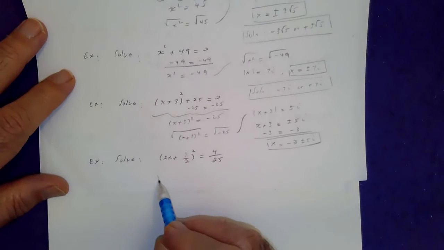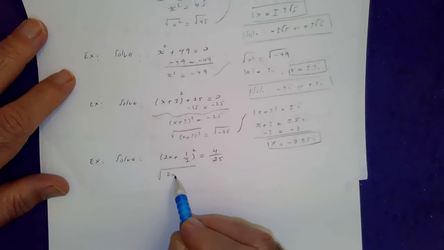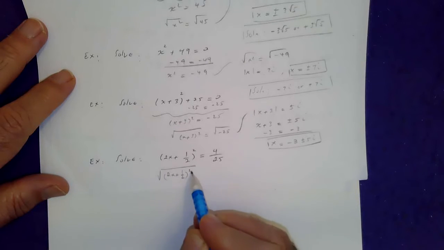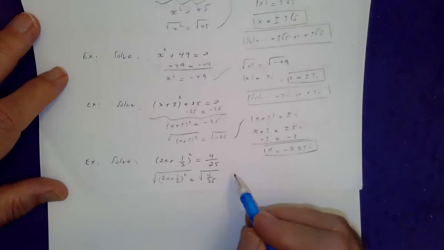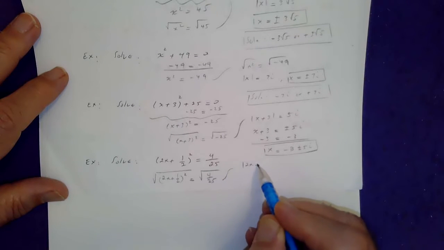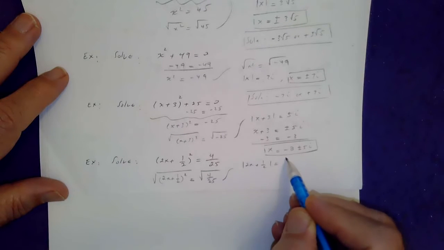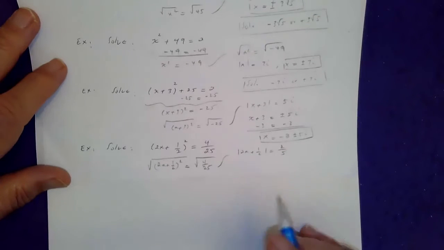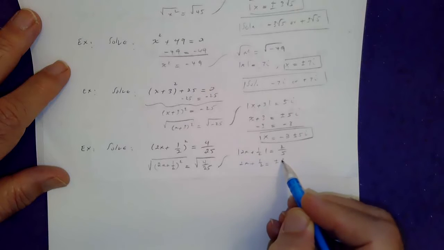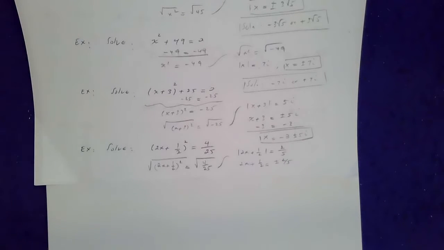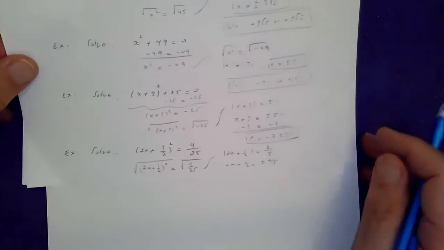This one is pretty much ready to go, except you have fractions. So take the square root of both sides. On the left side, you get absolute value of 2x plus 1/2. On the right side, the square root of 4 over 25 is 2 over 5. Drop the bars on the left side, attach plus or minus to the right side. So now we got work to do.